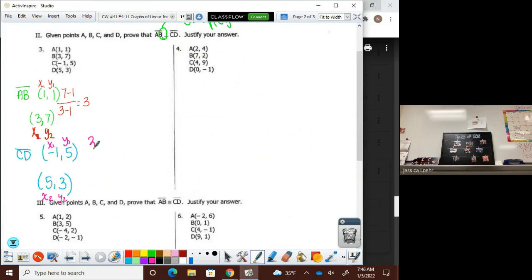So it's going to be 3 minus 5 over 5 minus -1. Which simplifies to -1 over 3.